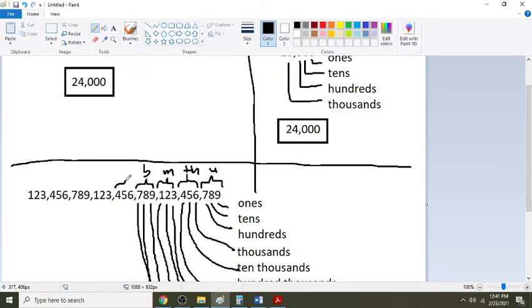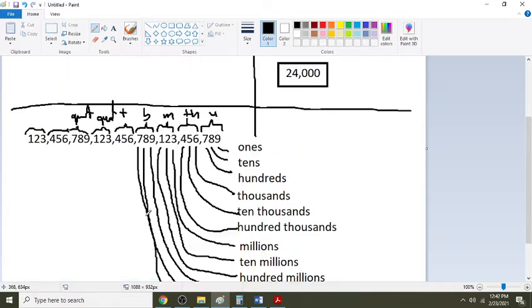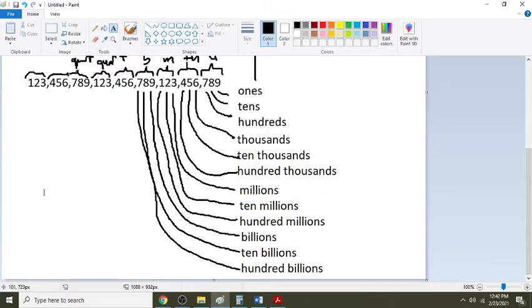Next we have the trillions, the quadrillions, the quintillions, sextillions, and septillions. So let's just write it down.